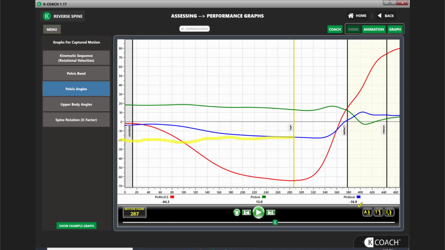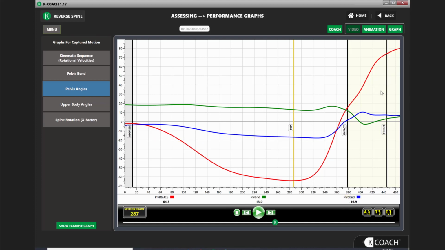I know we've got 16.9 right here, so 17 degrees of side bend at the top with the pelvis. That means that the trail hip was 17 degrees higher than the lead hip when the player rotated up to the top of their swing.